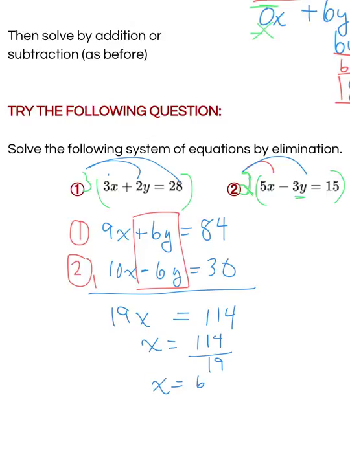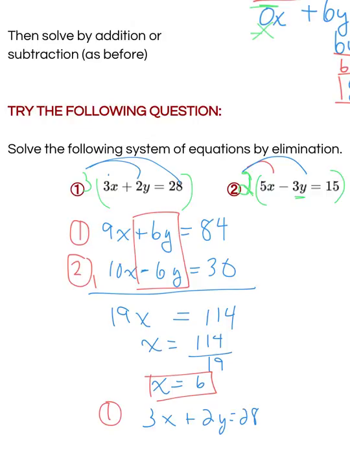So now I'm at the spot where I can sub in x equals 6 into either of my original equations. I'm going to choose the first equation, number 1, before I did any multiplying. So I get 3x plus 2y equals 28.